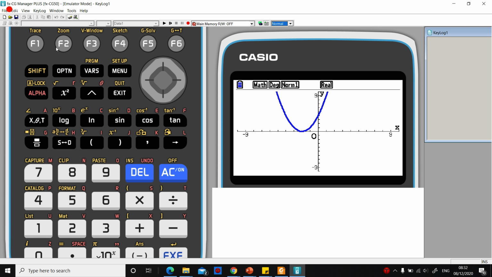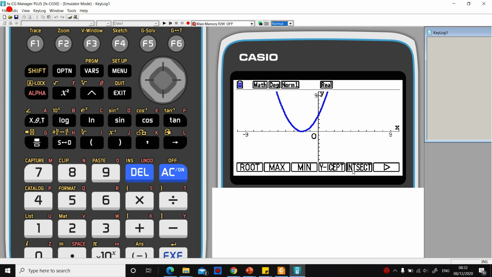Now if the question asks for a minimum point for this, you can use this to help you. What you do is Shift, and there's something called G-Solve, F5. It gives you the chance for a root. The root is where it cuts the x-axis. The maximum, there's no maximum. The minimum, y-intercept, intersect.